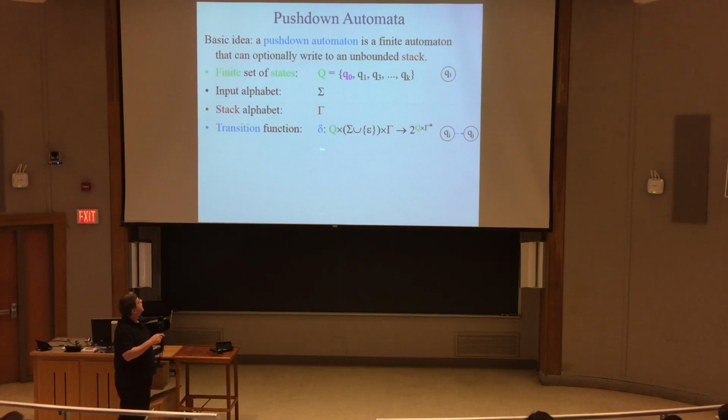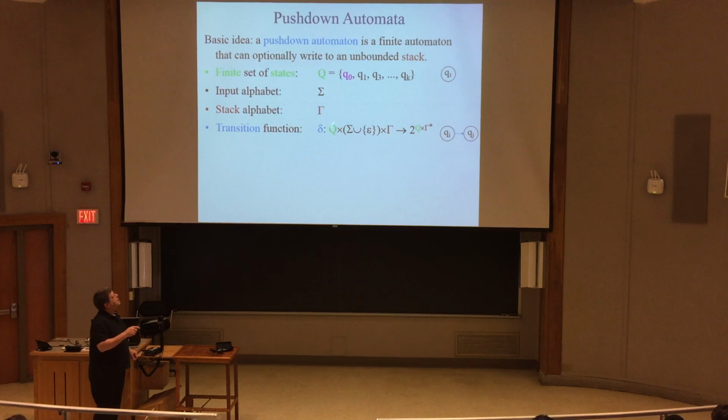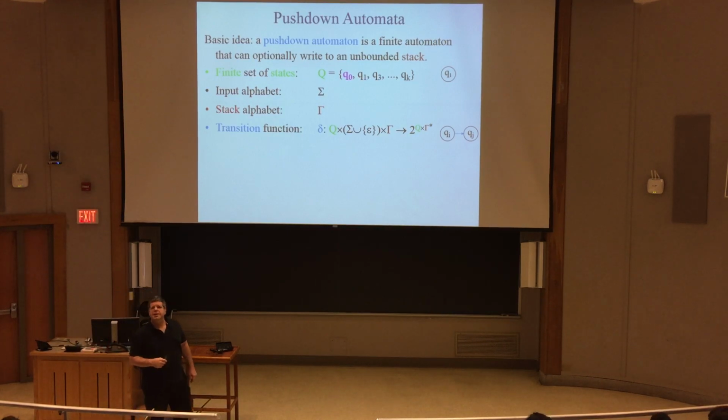So the number of states that this can depend on is represented by this Q, and the stack is represented here, the top of the stack. And the input alphabet, of course, it also depends on what's in the input, just like a finite automaton, but also on what's on the stack, the top of the stack. And it has non-determinism built in this time.